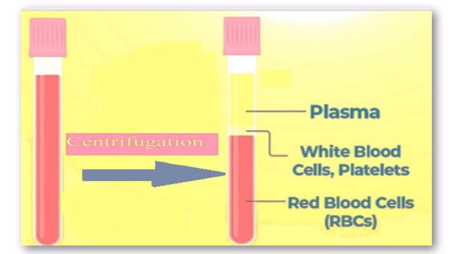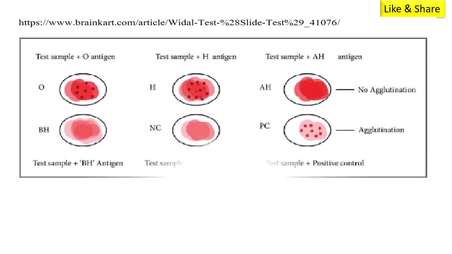After it, on a glass slide, circles are labeled with O, H, AH, BH, NC, PC.